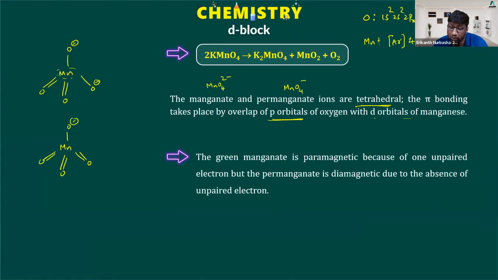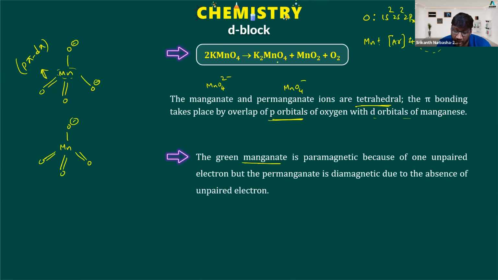The p orbitals of oxygen overlap with the d orbitals of manganese. So what type of bond is this? A p pi d pi bond. The manganese forms a double bond with oxygen, a p pi d pi bond, and manganate MnO4 2 minus is green in color.